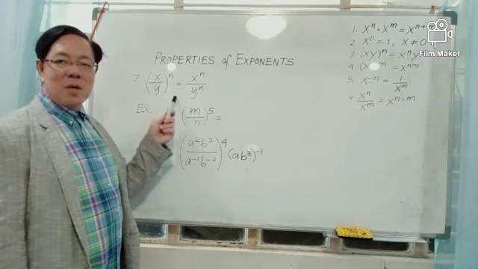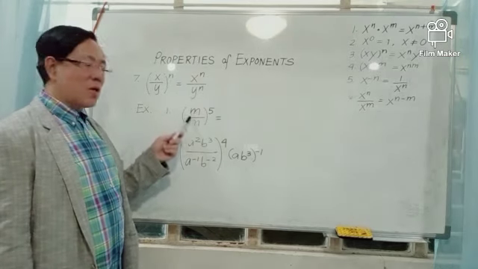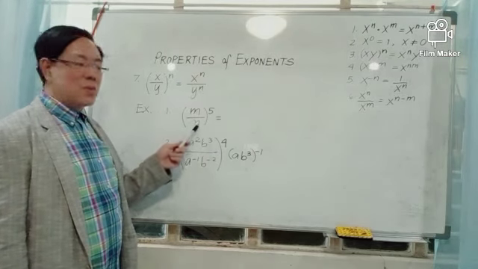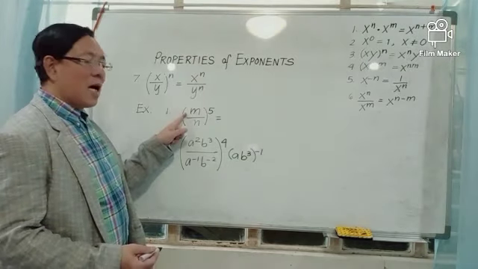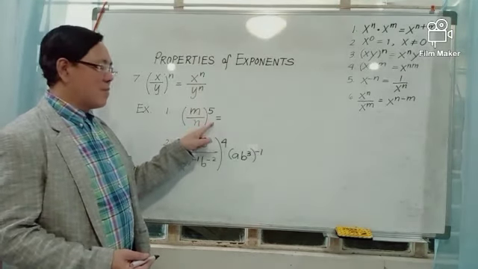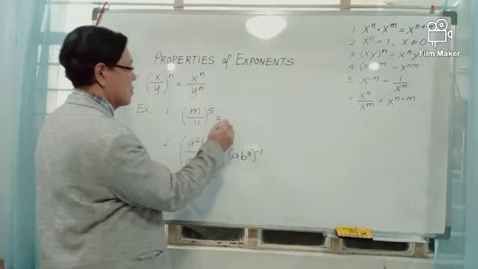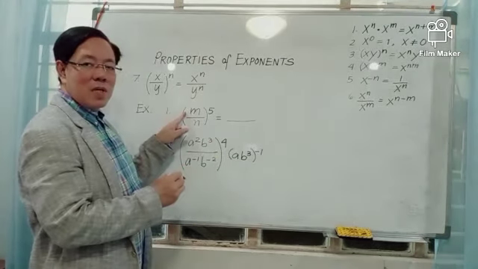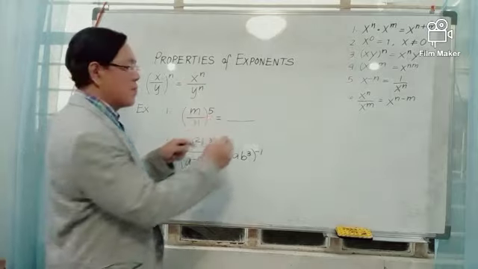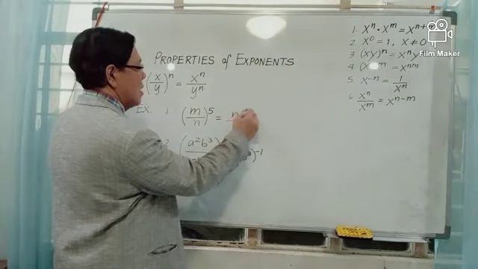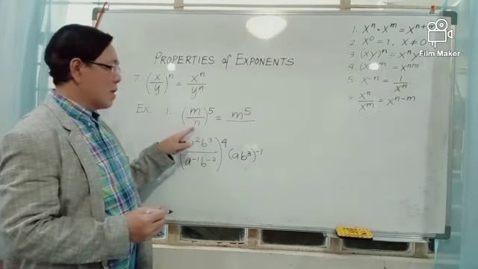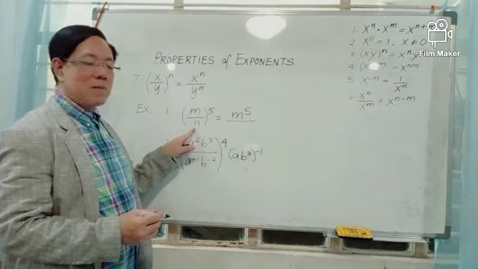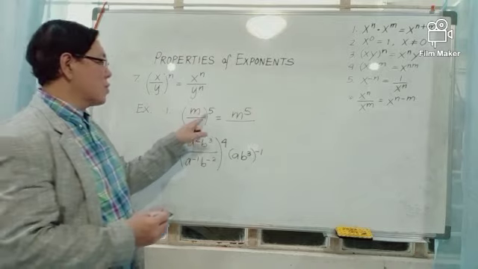By this property of exponent, you raise the numerator and the denominator to the same exponent 5. Thus, m divided by n raised to 5 is equal to: raise the numerator to 5 and divide by the variable in the denominator raised to 5.